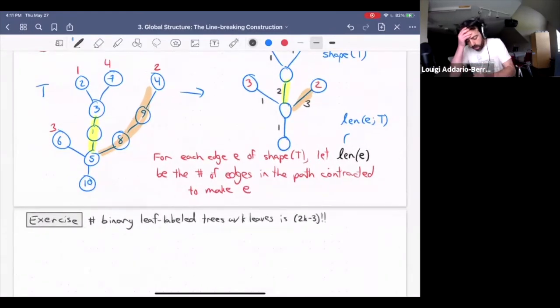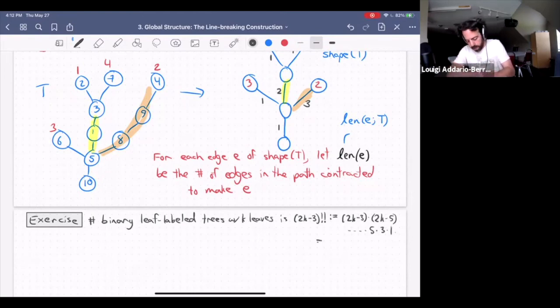You might not have seen this notation before. Double factorial doesn't mean factorial factorial. It's like the factorial, except you only take half of the terms as you go down from 2k minus 3 to 1. So it's 2k minus 3 times 2k minus 5, and so on down to 5 times 3 times 1.